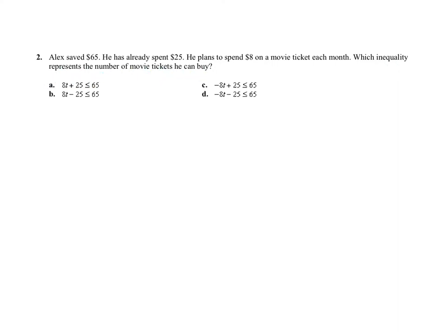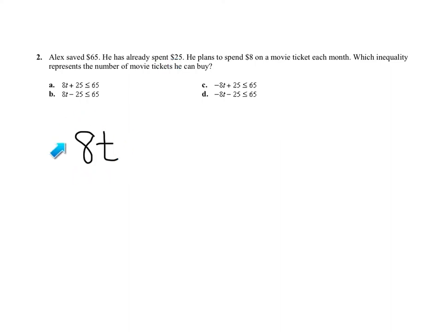So I know what a lot of you were thinking was to subtract $25, but we're actually going to be adding it all together because it's about how many he can actually purchase. So we're having an $8 times every movie ticket. So that's where the 8 times t comes from. And then we've already spent $25.